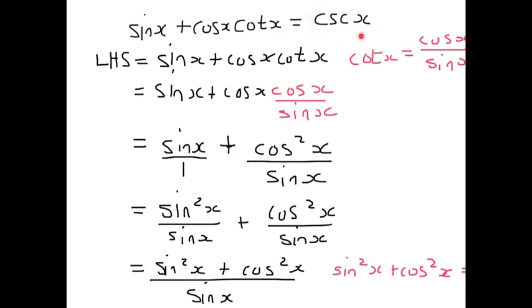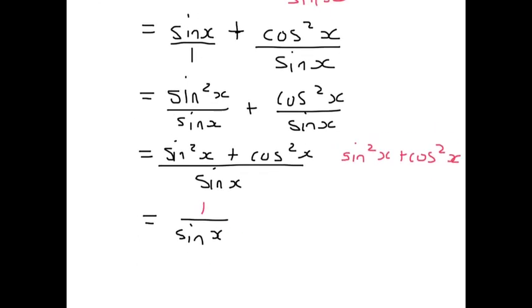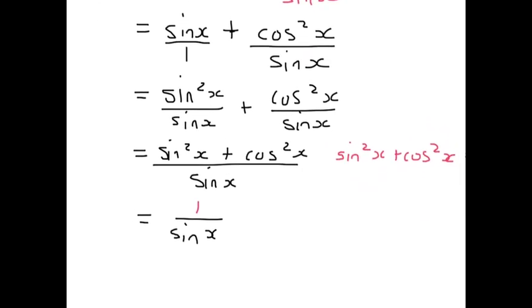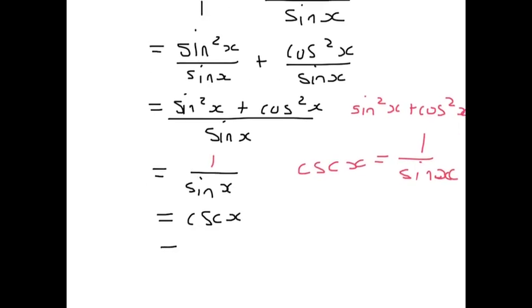So you'll notice we have 1 over sine x, but you know that the identity for cosecant x is just 1 over sine x. So all we have to do now is make that replacement. So this equals cosecant x, and that's our right hand side, so our proof is done.